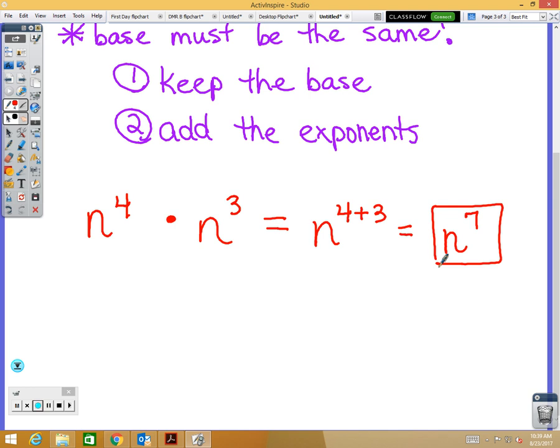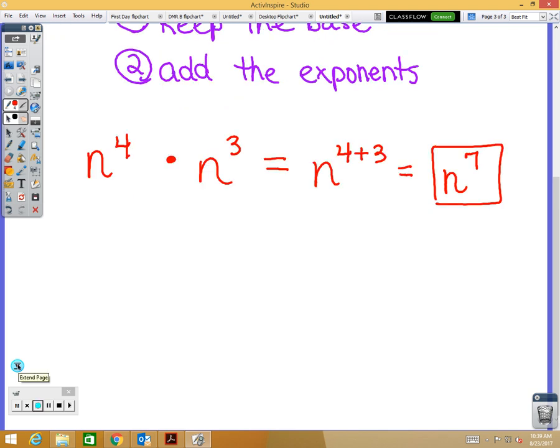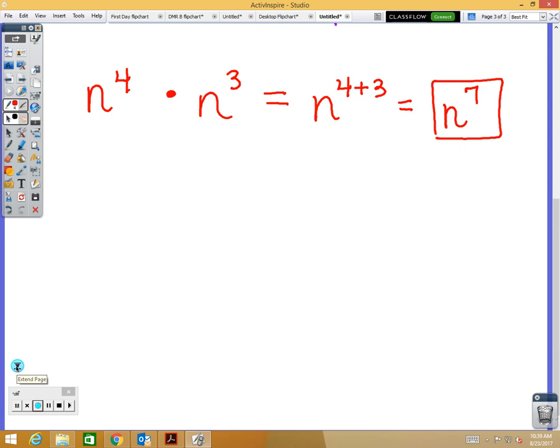Pretty easy, right? You can have more than just 2 powers that you're multiplying together. You could do this with 3 powers. I try to make my x kind of fancy so it doesn't look like a multiplication sign. So this works, you could have 10 powers.